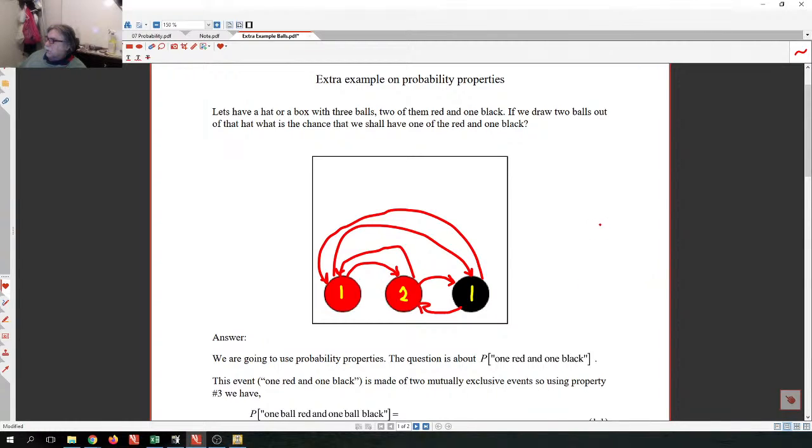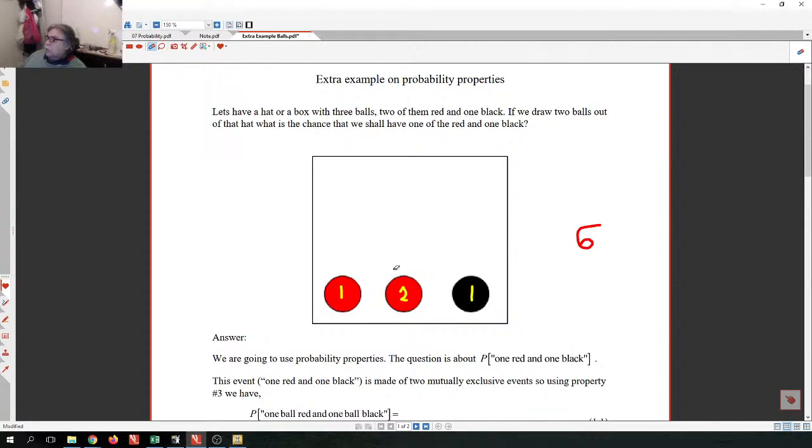6 different ways to get 2 balls out of this hat. Okay? In how many ways can you get 2 balls out of this hat so that one is red and one is black? All right.